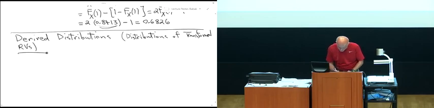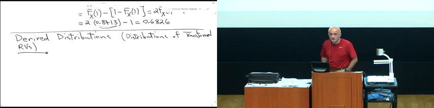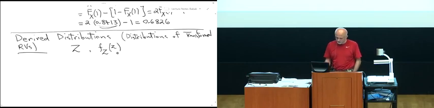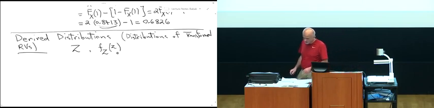It sounds scarier than it actually is. I'm going to start with the linear case. So I have a random variable, I'll call it Z. It's got some PDF that governs its probabilistic behavior.